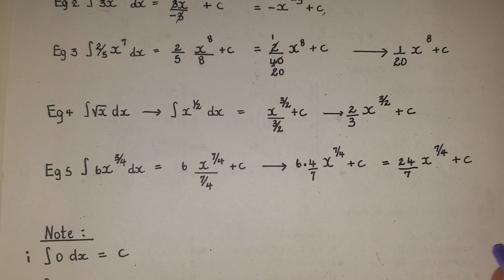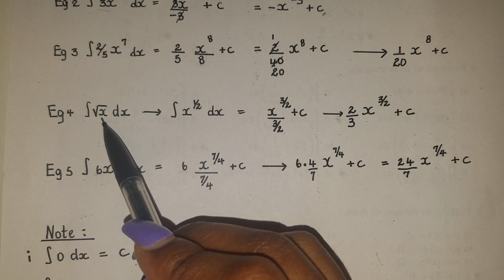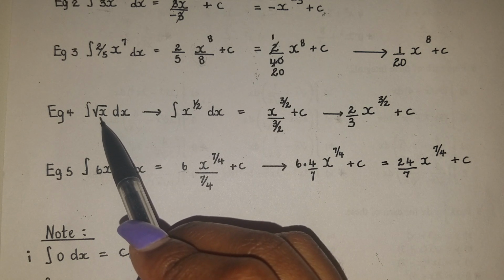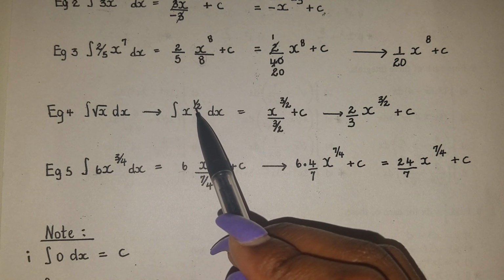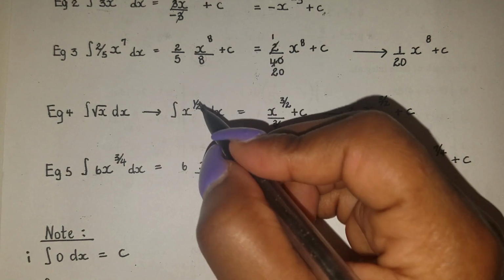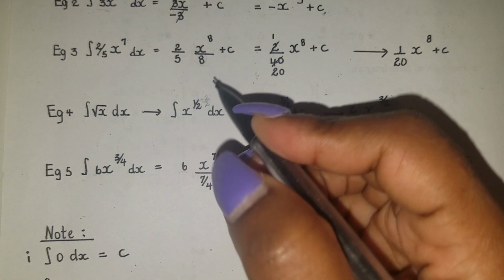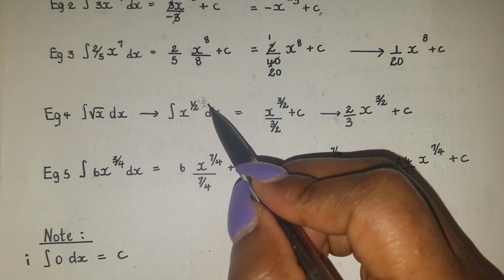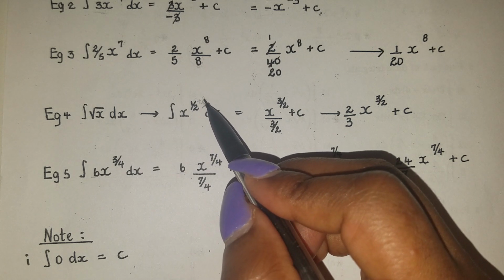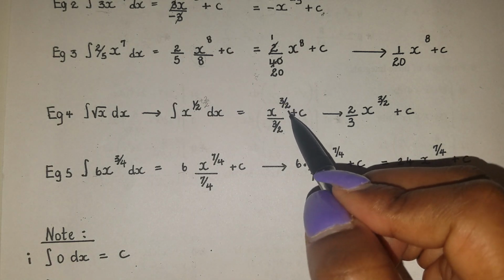In our fourth example, the integral of root x. Now we know root x can be rewritten as x raised to the power of a half. So following the rule, if I add 1 to a half, it's the same as adding 2/2 if you don't want to use a calculator. It's quite simple. We keep the denominator the same. So if I add 1 to a half, or 2/2, I get 3/2.